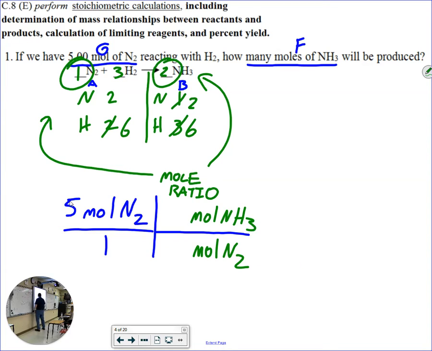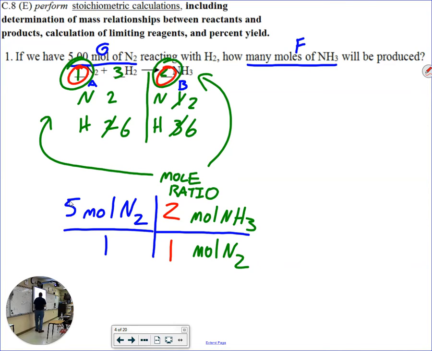Just like before, this right here on top tells me what needs to go down here on the bottom. So then I come up and look at my balanced equation, and I see beside NH3 there's a 2, and beside N2 there's a 1.